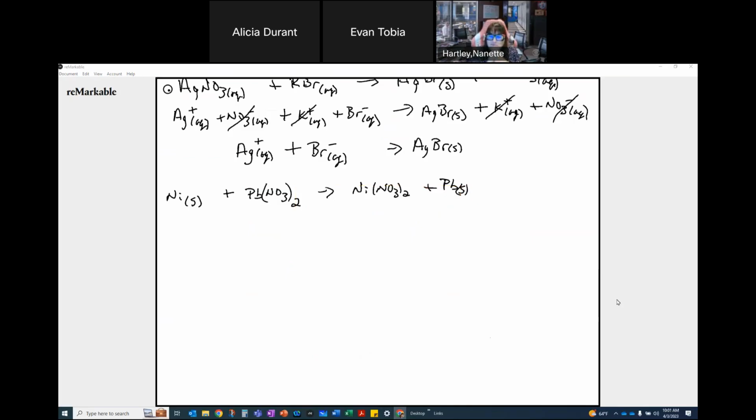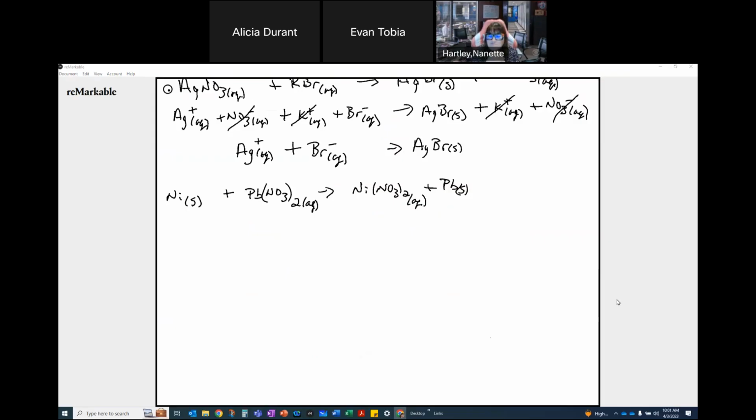Okay. Well, I already know that nickel is a solid. Now I need to see if lead NO3 is aqueous. All common nitrates are soluble. Correct. So this is aqueous. Correct. Lead nitrate is aqueous.